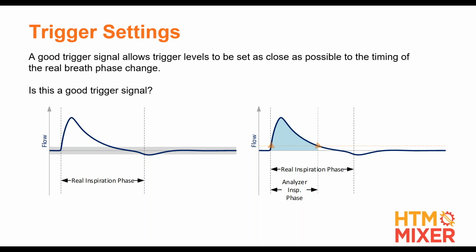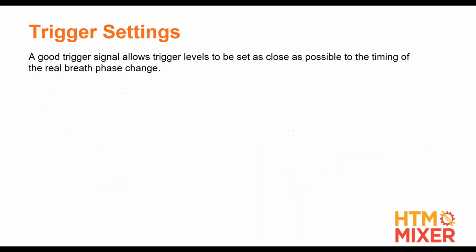So what we're trying to do is match the real inspiration phase to our triggered or analyzed phase. And what's happening here is, notice that the real inspiration phase is much longer than the actual one. So this is a good start for our trigger value, but here it doesn't really end well, right? We don't have a nice sharp signal to test.